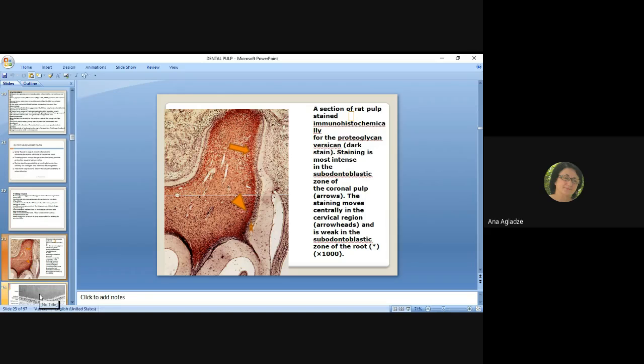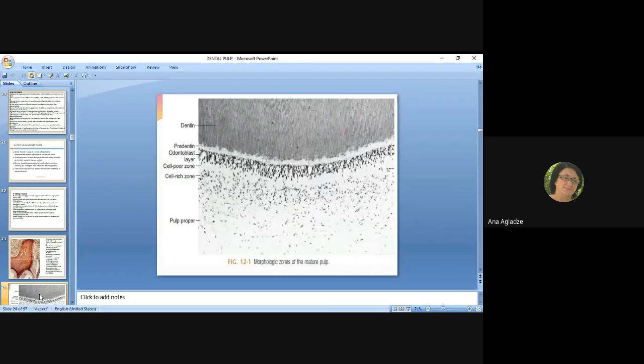What is next? Here you can see the zones of the cells. Pulp, you know, is a loose, specialized connective tissue, and here you can see dentin. What is interesting about pulp and dentin? It is one complex, as we mentioned, and they are derived from the dental papilla. I have repeated it many times, and I would like to recall that there is a tooth germ, which consists of three parts.